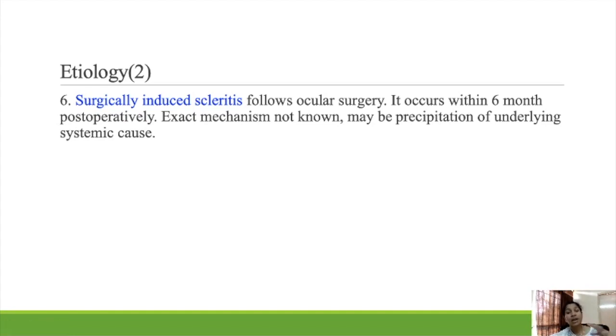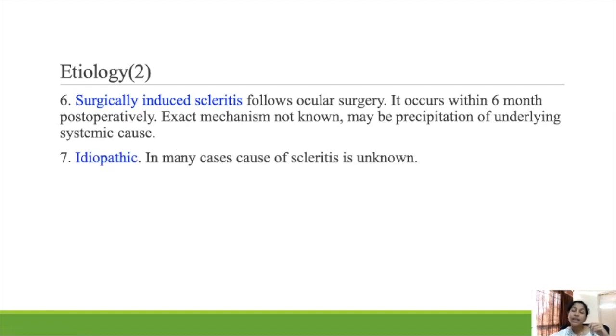The exact mechanism is not known, but maybe the surgery precipitates underlying systemic causes. And then idiopathic, where the cause is not known.